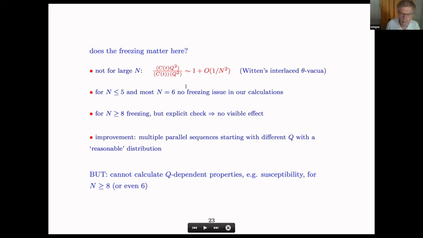And we tried to improve things a little bit, because where we did have topological freezing, we started with a range of configurations running in parallel, which had a distribution of topological charge that was more or less what we expected, either from smaller n, where we could actually calculate the distribution from our Monte Carlo, or from very coarse lattice spacings at the same n, like SU8, where you could still have topological charge changing and you could see what the distribution was.